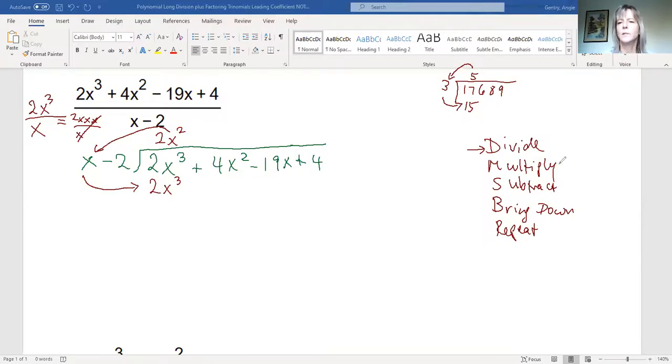So the one thing that's different about multiplying here, we just had the 5 times the 3 is the 15, but we need to multiply through. So you're going to multiply 2x squared times x, and then you're also going to multiply 2x squared times negative 2. So you get a negative 4x squared.